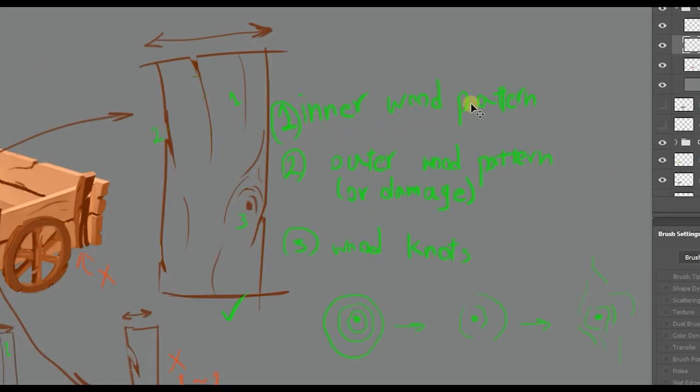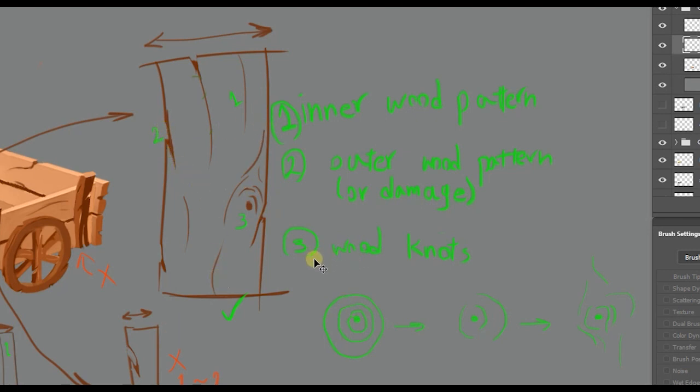Here you can see I have drawn inner wood pattern like a river on the ground, and outer wood pattern which starts from the side and goes inside like damage. You can imagine you penetrate the wood with a small axe or a small knife.